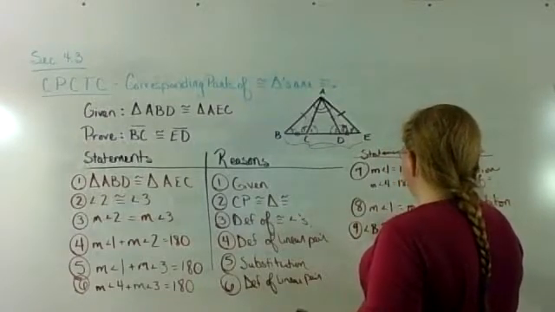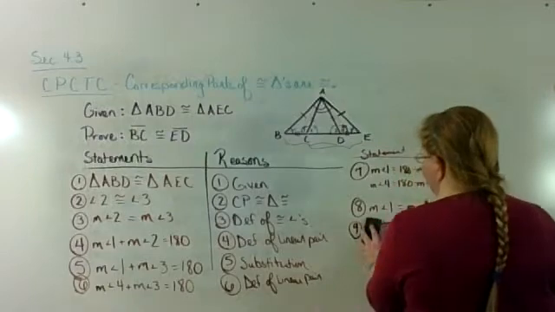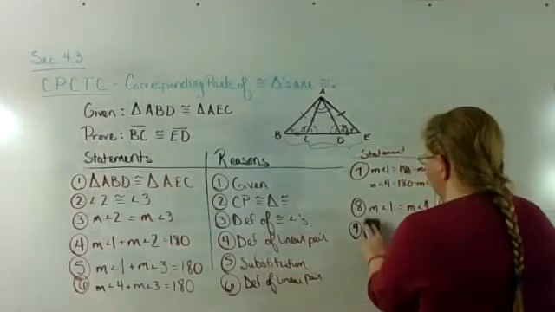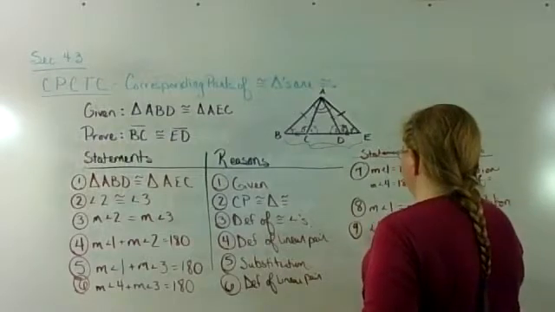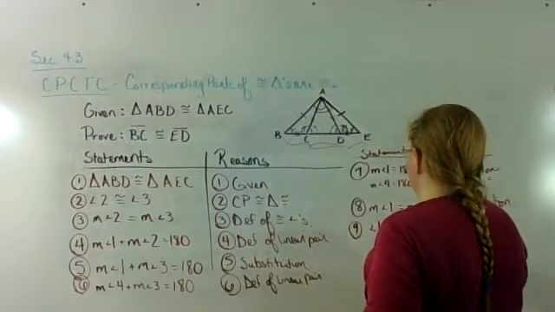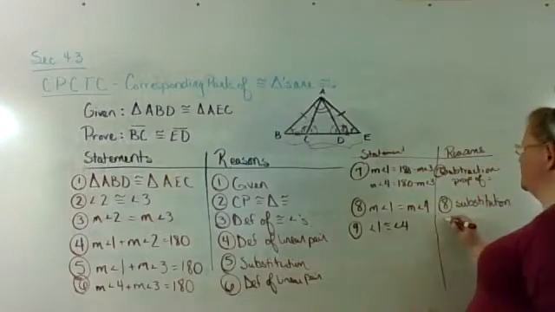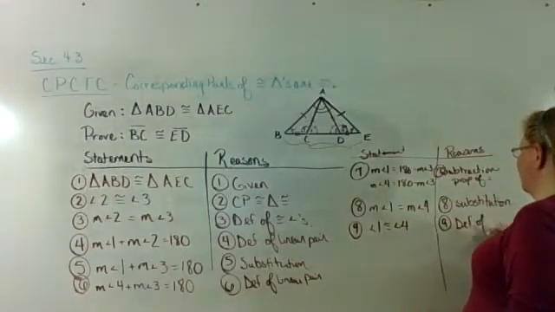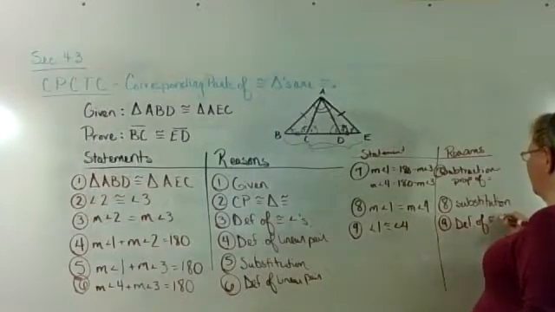Angle B is congruent. Oh, sorry, let me get this in here too. Which means that angle 1 is congruent to angle 4. Definition of congruent angles.